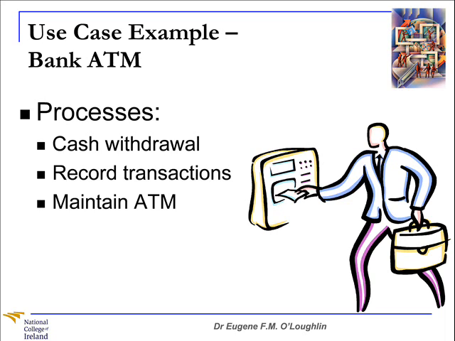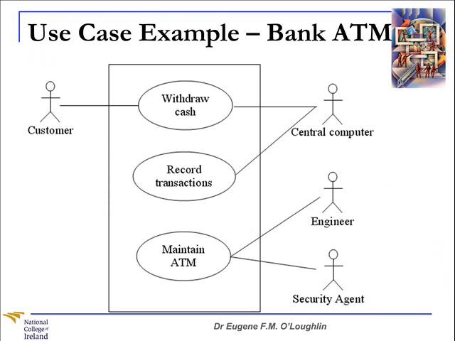So let's see if we can first of all identify what the use cases are. In our use case diagram here, we can see that there are three use cases: withdraw cash, record transactions, and maintain ATM. And we can identify the actors from the description we've just seen as the customer, a user. Another actor is a central computer, an engineer, and a security agent.